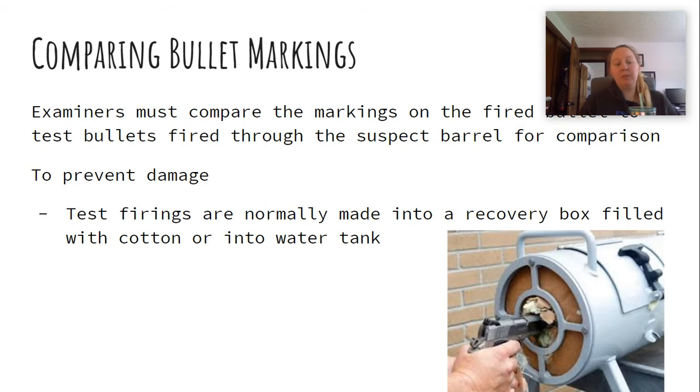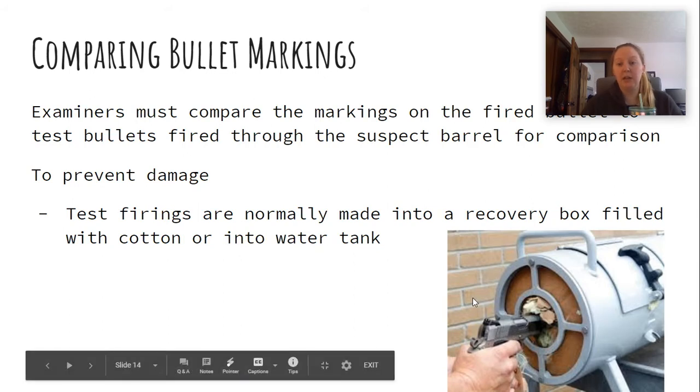When comparing bullet markings, all examiners must compare the markings of a fired bullet to test bullets fired through the suspect barrel or very similar barrels. To prevent damage to the bullet itself, test firings normally take place into some type of recovery box.